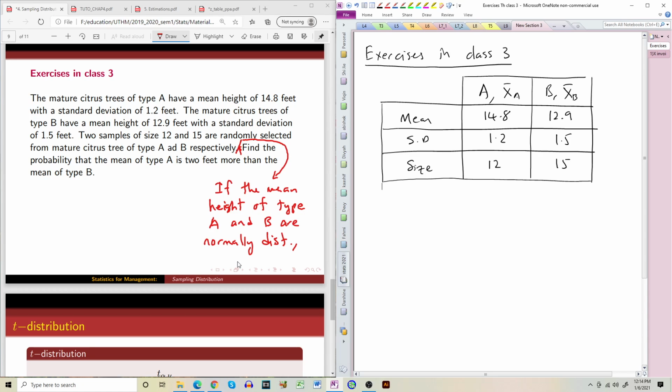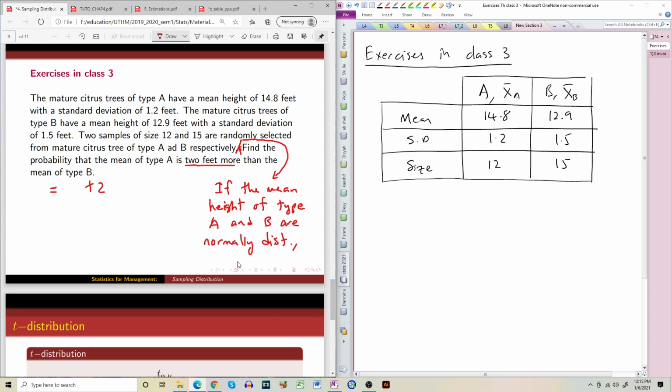So either you think like this first, A is equal to B plus 2, because A must be more than B. Your thought process should start from here. A is equal to B plus 2 because A is 2 feet more than mean of type B. Of course, mean of type B means I should write like this.